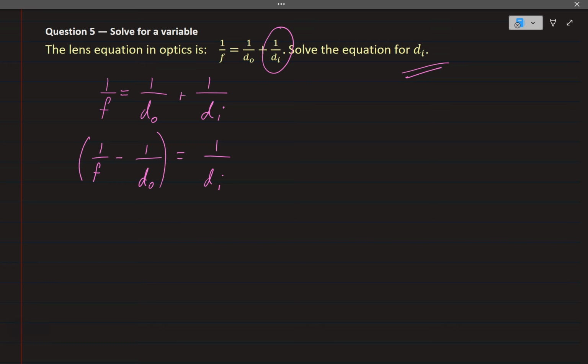One is the typical reciprocal thing. That means if you flip this over on one side, so 1 over di, if you use the reciprocal of that, that becomes di, and then the reciprocal of 1 over f minus 1 over do would be 1 over the entire thing, 1 over f minus 1 over do.